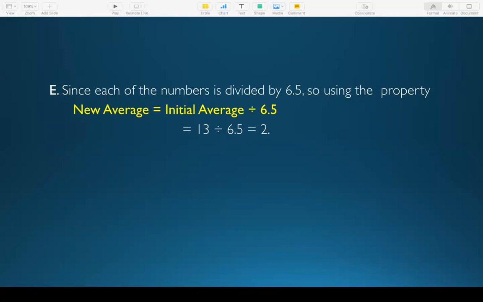Now if I increase all those numbers by a constant number k, then the average will also get increased by k. If I decrease each of those numbers by k, the average will also get decreased by the same number. Or if I multiply or divide each of those numbers by a constant, accordingly the average will also get multiplied or divided by the same constant.